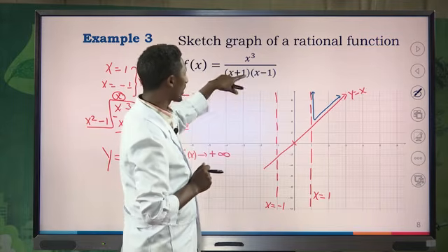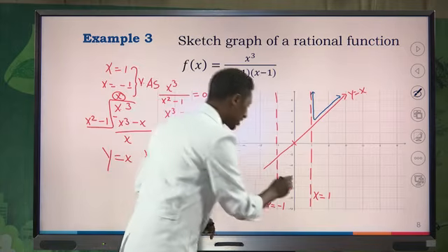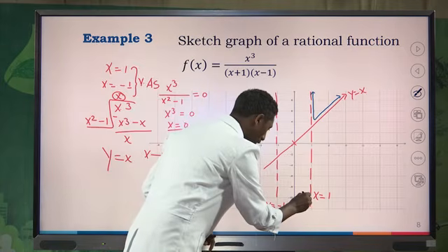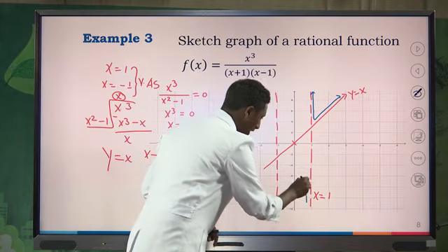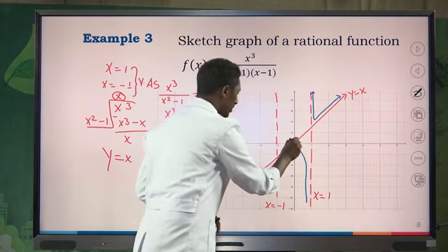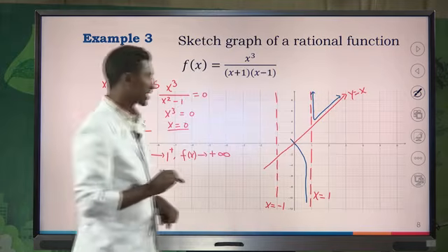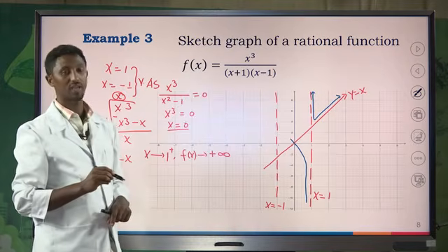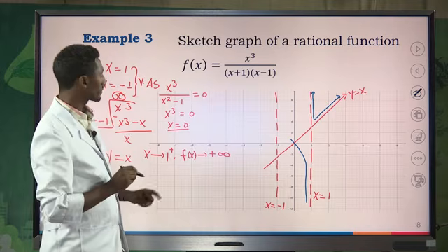So positive over negative is negative, which implies the graph goes downward as x approaches 1 from the left. So it goes in this direction and it crosses the x-axis and the y-axis at the origin.